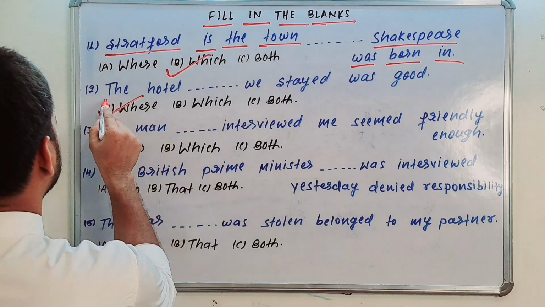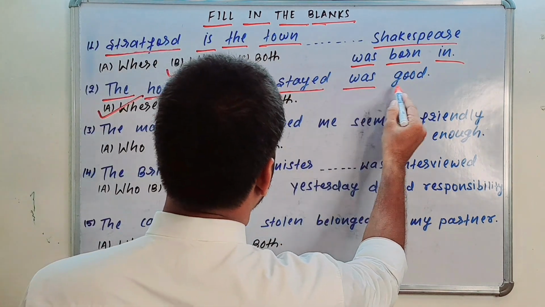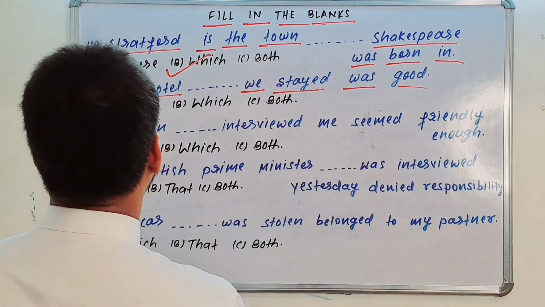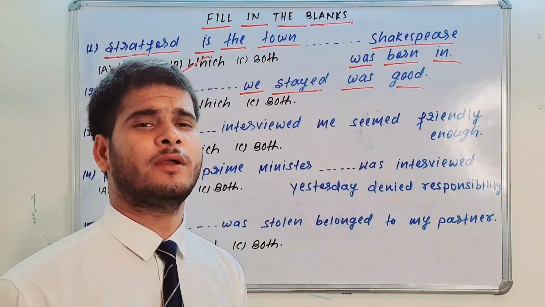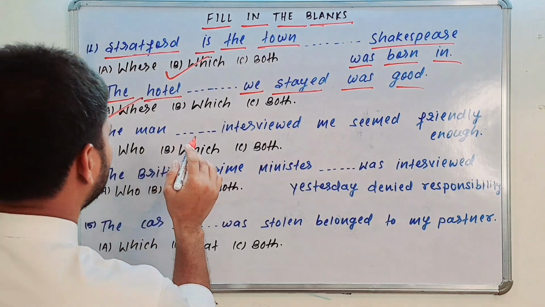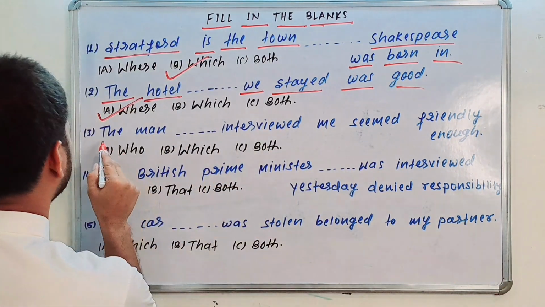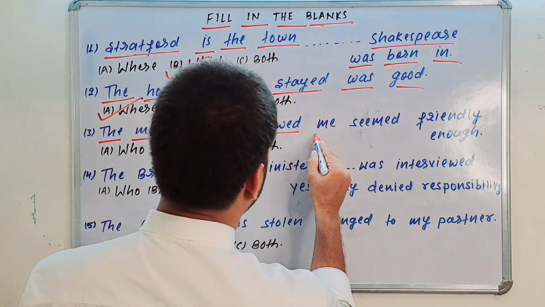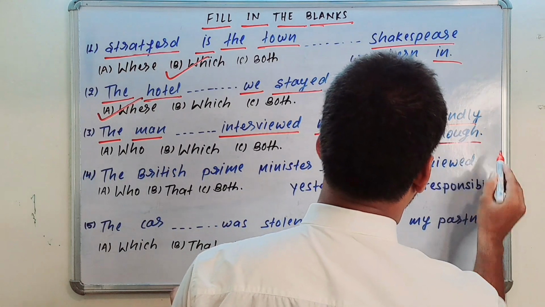So first you see, the hotel where we stayed was good. Now understand the next one, the third one: the man dash interviewed me seemed friendly enough.